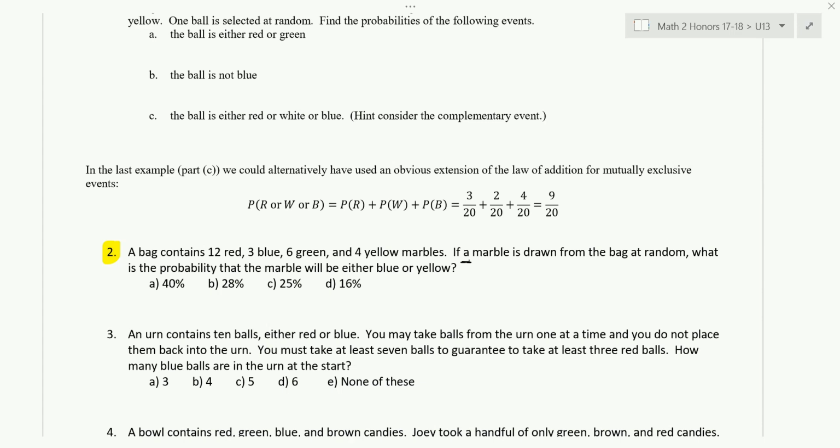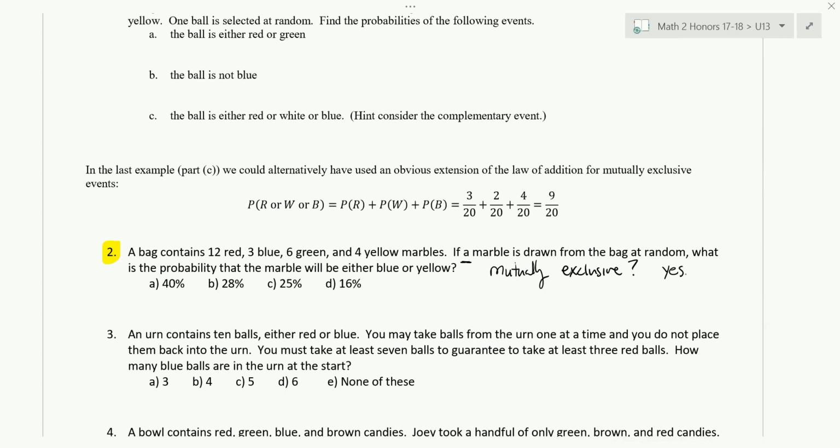Okay, so first question we asked, are they mutually exclusive? And I heard a yes. Why? Perfect. So this is yes, so it's an easier one to work with. Okay, we just add it together.